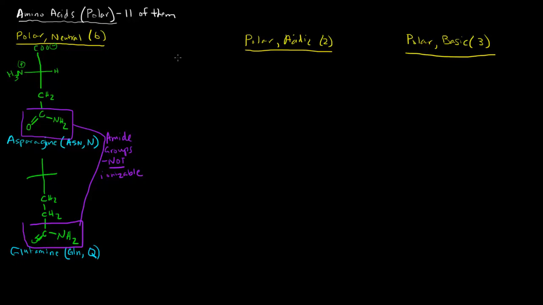Okay, so this next one will look like this. It'll just have a CH2 group and an OH. That's called serine. S-E-R-I-N-E. 3-letter code is S-E-R. 1-letter code is S. And that's it.